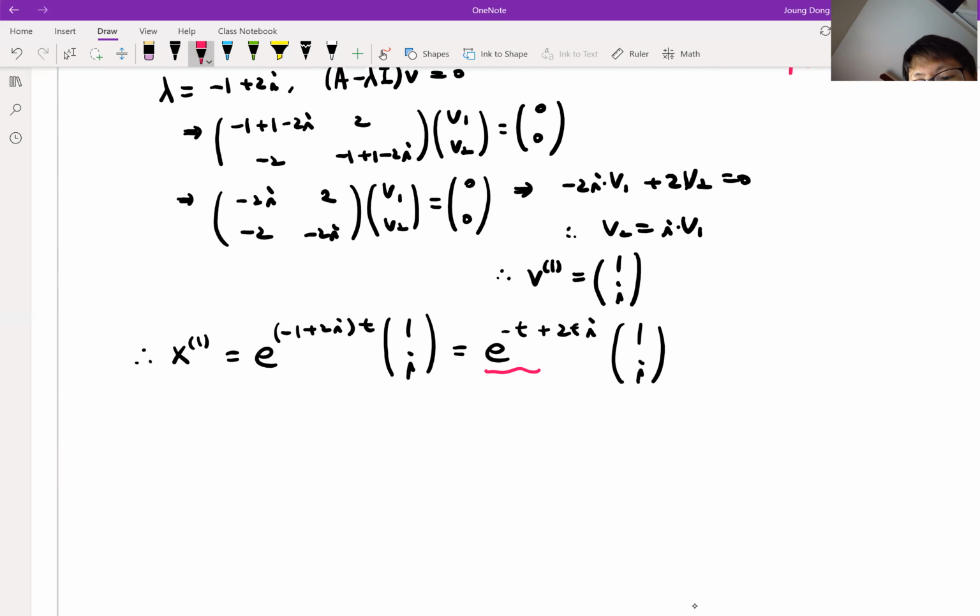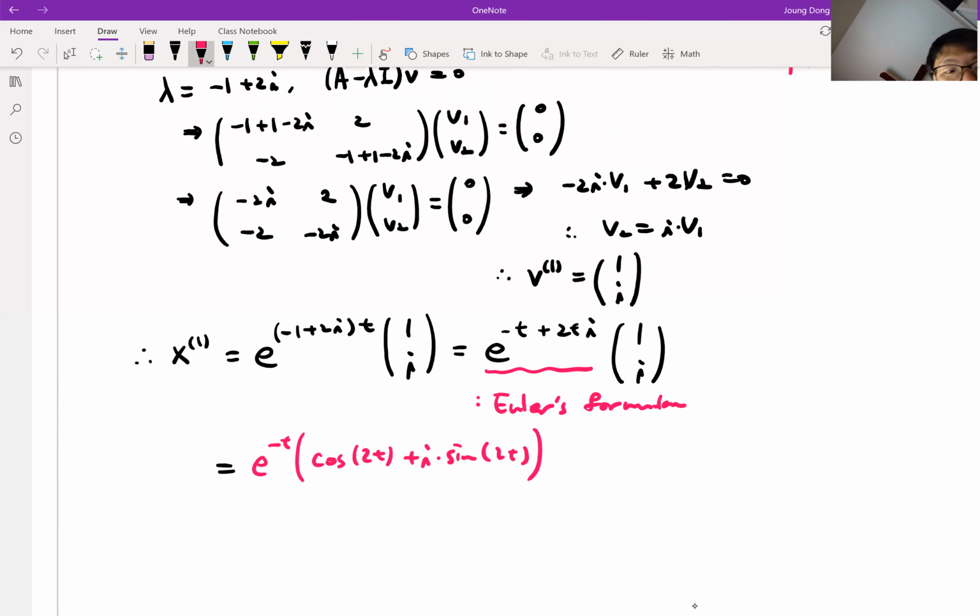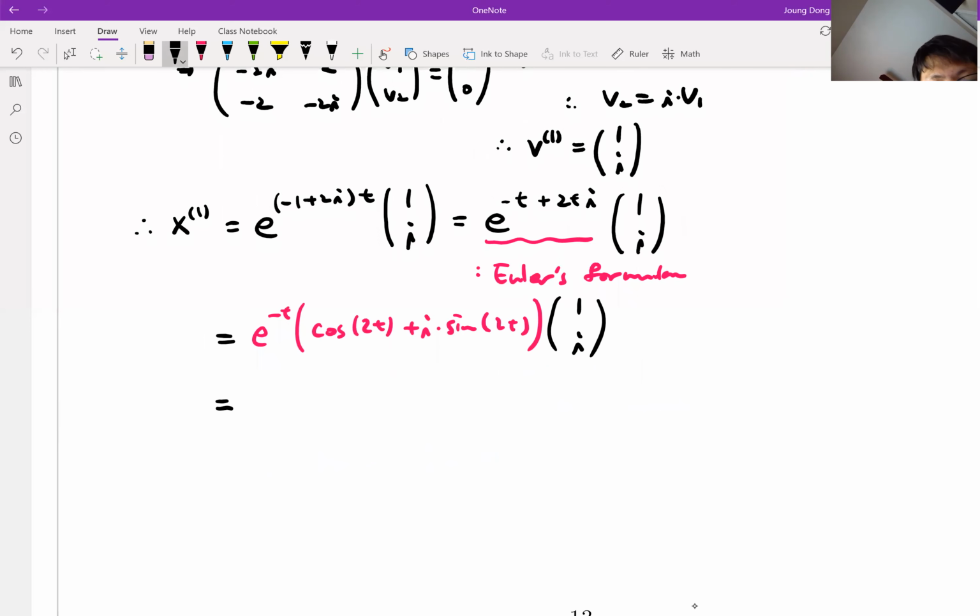Then this part is Euler's formula. Let me write the Euler part with a red pen. It is e to the real part, but the imaginary part will be written by cosine 2t plus i sine 2t. That's exactly what I did in chapter 3, right? And the vector (1, i). Then this can be written in vector form.